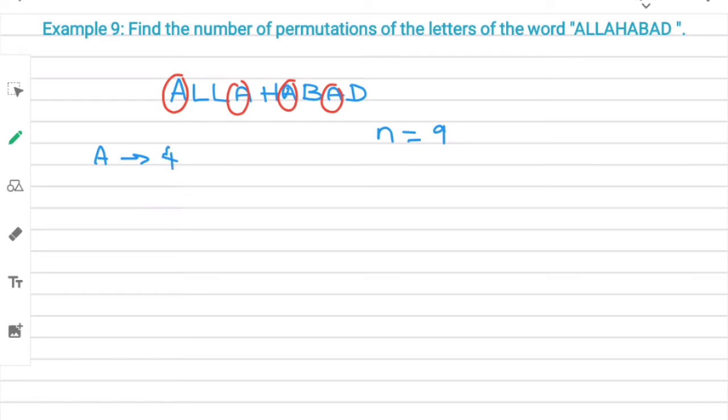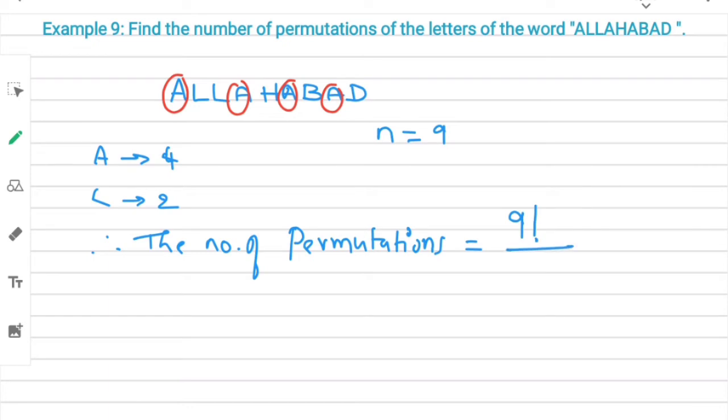And then L. L is repeated 2 times. Therefore, the number of permutations is equal to n factorial by 4 factorial into 2 factorial, since A is repeated 4 times.